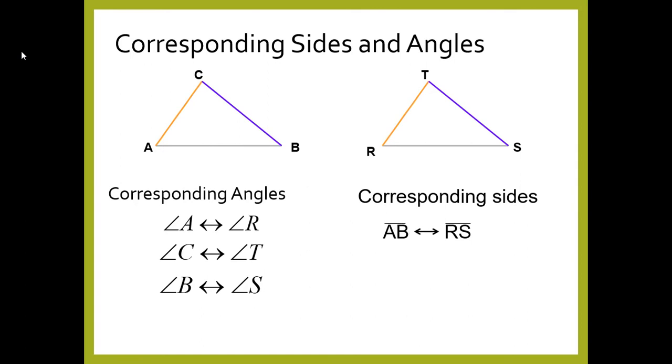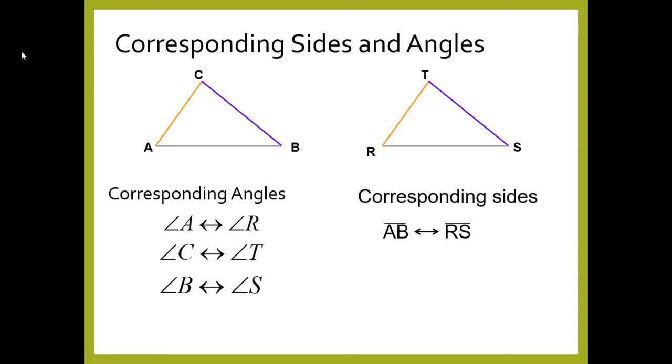If we have side AB, the bottom of our triangle, this corresponds to the bottom of our triangle on the right, which is RS. So side AB and RS are corresponding sides.